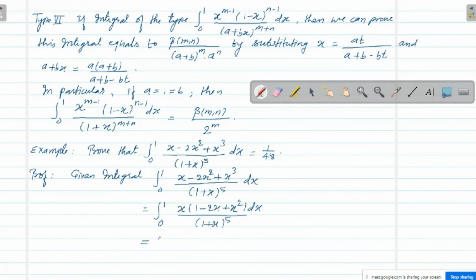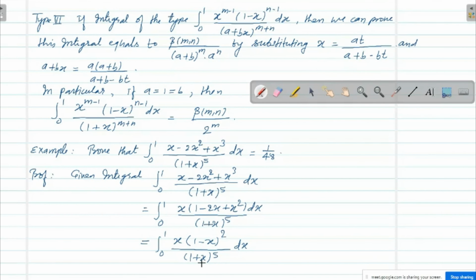This can be written as the integral from 0 to 1 of x times (1 - x)², using the formula for (a - b) whole square, divided by (1 + x)⁵ dx.